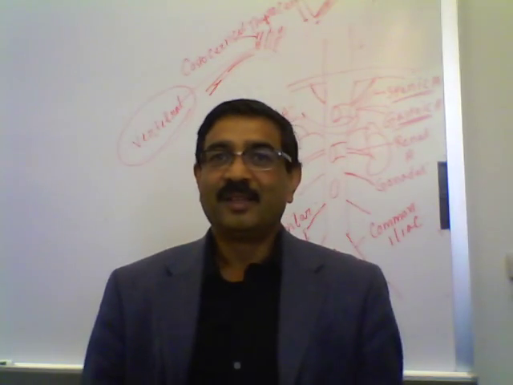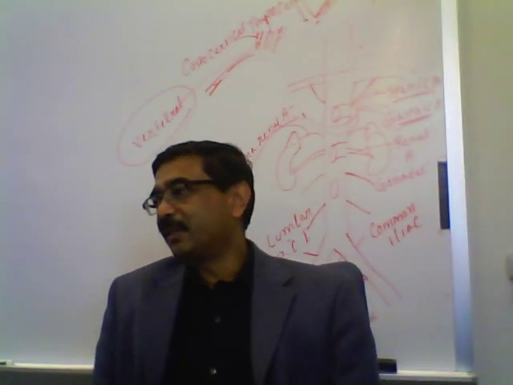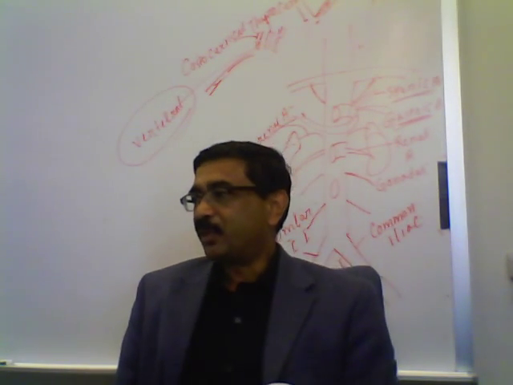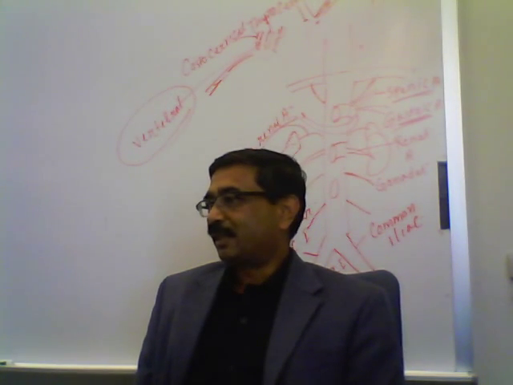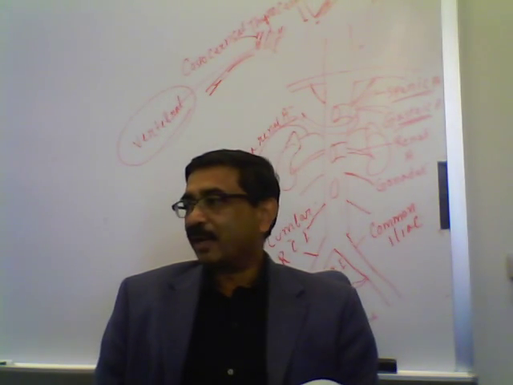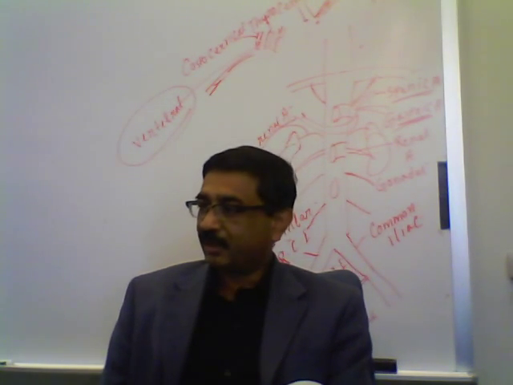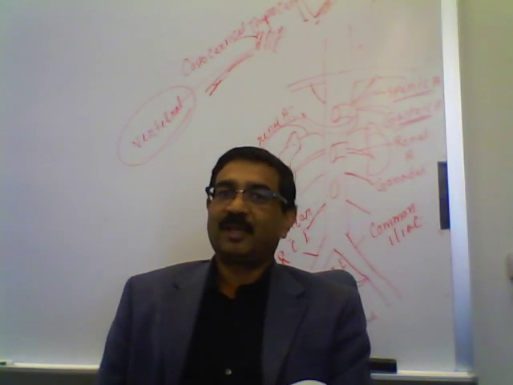Make sense? And then in the leg, it divides into the anterior tibial, posterior tibial, and another branch that comes from posterior tibial is fibular. So those are three large arteries in the leg: anterior tibial, posterior tibial, and what?